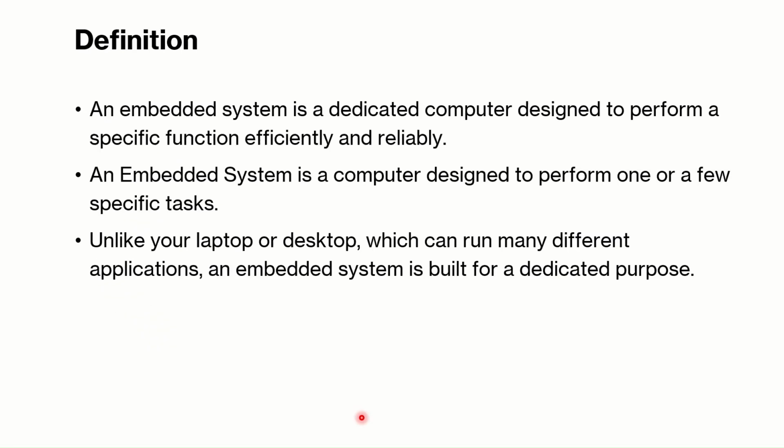Before going to the definition, have you ever wondered how your washing machine knows when to stop? How your car airbags deploy within microseconds or milliseconds, or how your smart TV responds instantly to your remote?